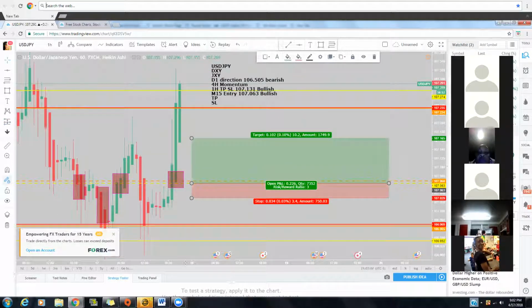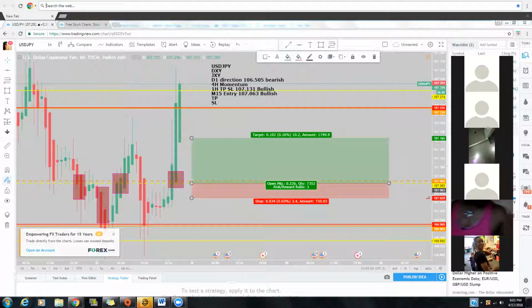So how to know where your stop loss is. If you take your long position indicator right here, and you look on the side over here, you'll see that it gives you your numbers. So our stop loss for this trade is 107.029.